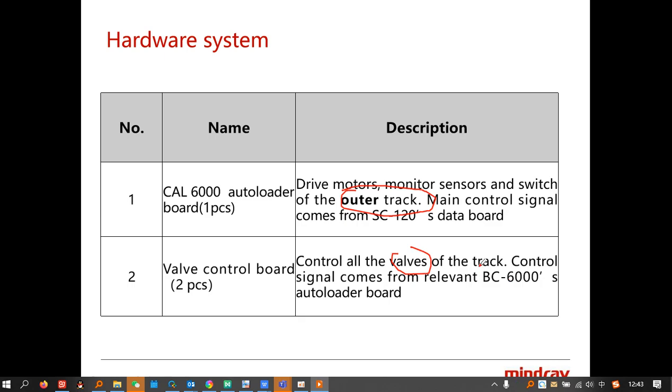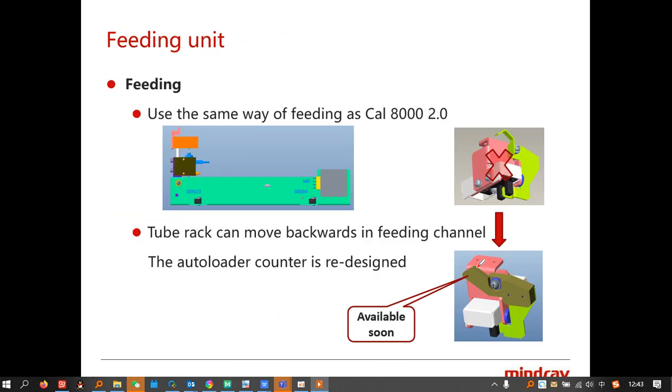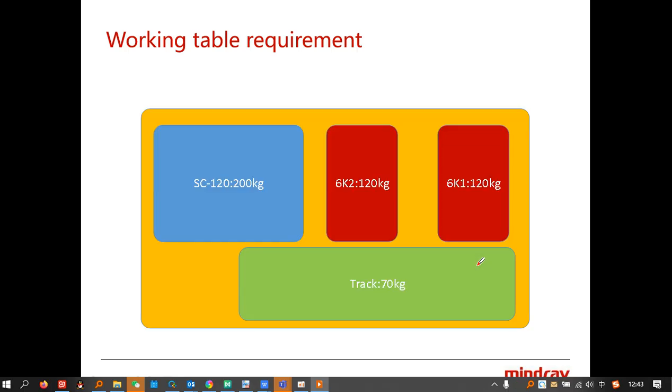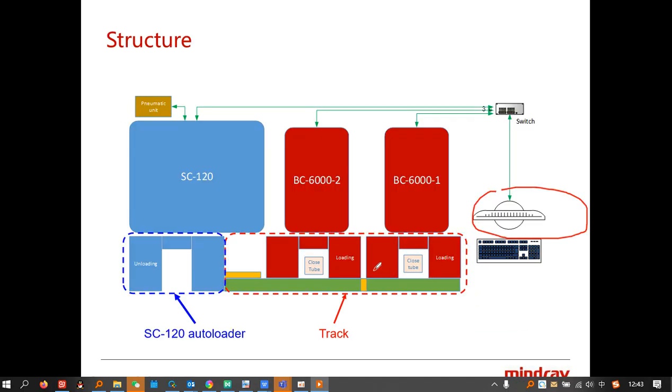It means the well control board will control these components, and the autoloader board will control the tracks part.